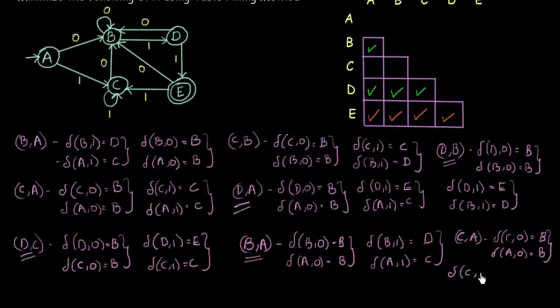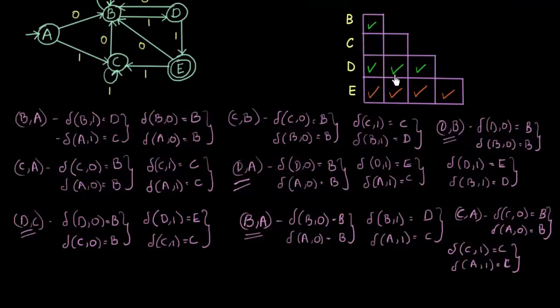Now let's check for the next input, that is C on input 1. It goes to C. And A on input 1, where does it go? It goes to C itself. So the pair we get is CC. So CC is again not existent in our table, so no need to mark this. So we completed CA.